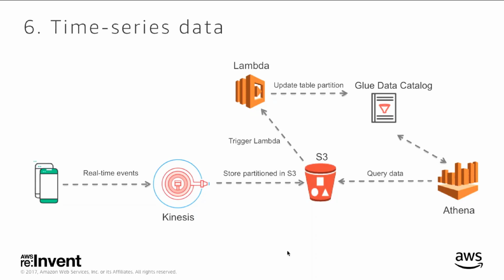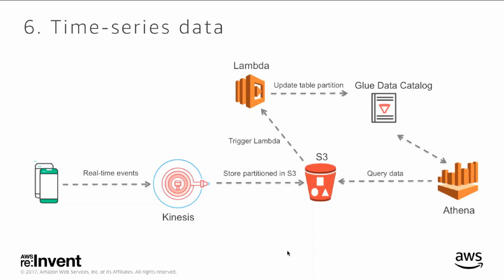Another example that we're seeing more and more with customers is more around time series data, and this comes from real-time events being generated by mobile applications, by IoT devices, whatever it may be, pushing those real-time events through a Kinesis Firehose, and then that data lands in S3 in a partitioned way.